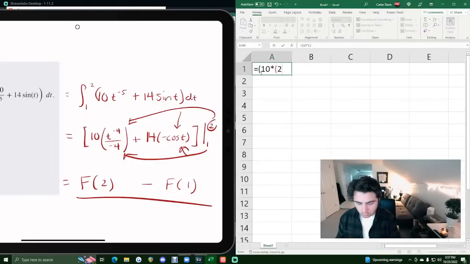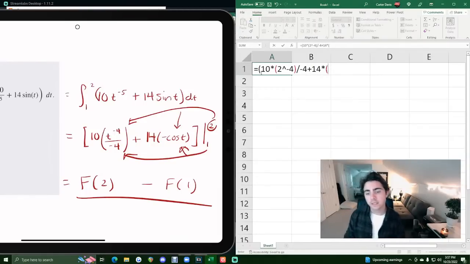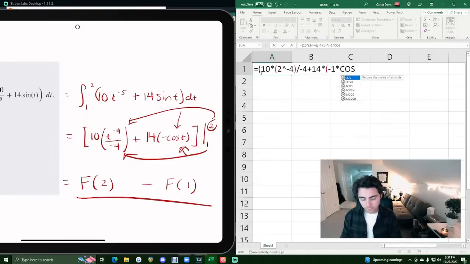So 2 to the power of negative 4. We're going to close that off. We're going to divide it by negative 4. We're going to add 14 times negative cosine. Now, if you have just a negative something, negative sine, negative cosine, negative e, whatever, I recommend plugging in a negative 1. So instead of just negative cosine, do negative 1 times cosine of t, which is 2.